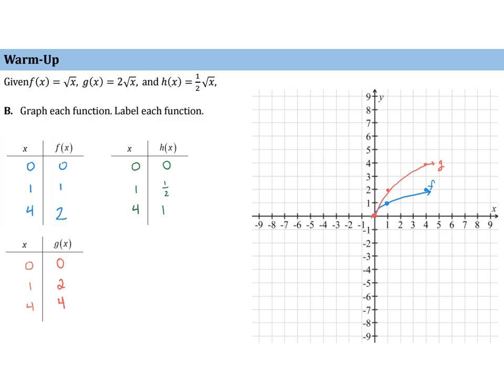So (0, 0), (1, 1/2), and then (4, 1). So h is now half the distance that f was from the x-axis. So here we see in g a vertical stretch, and then with h we see a vertical compression.